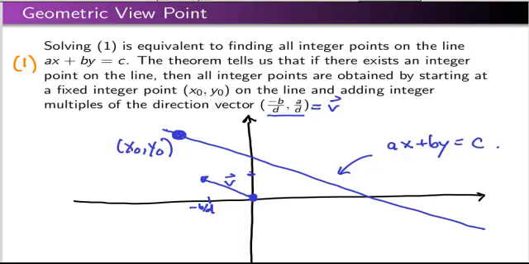Okay, so I can go up this distance, v, like that, or we can subtract multiples of it and come back that same distance. So this would be minus v.